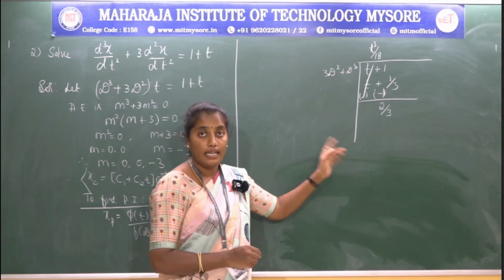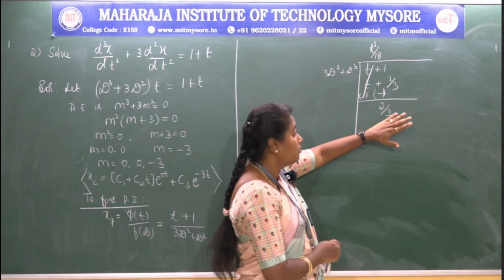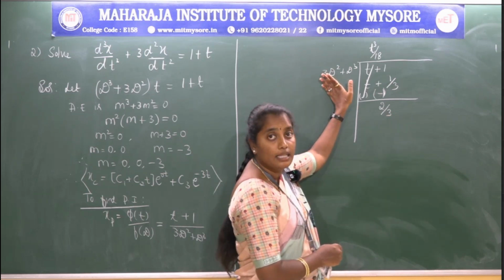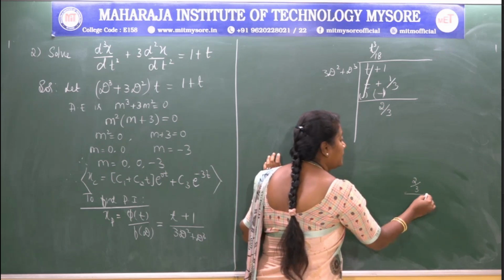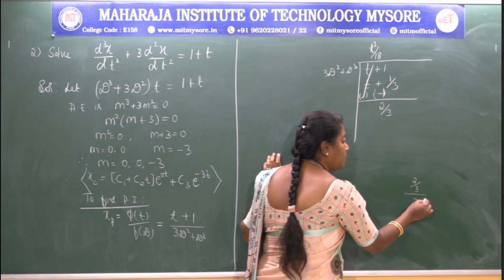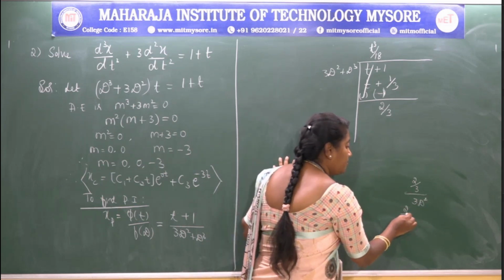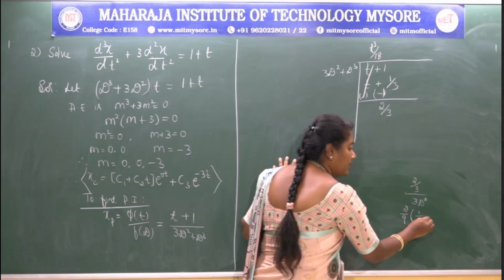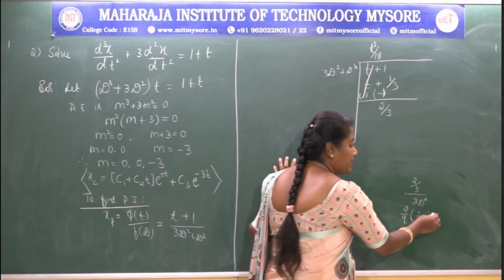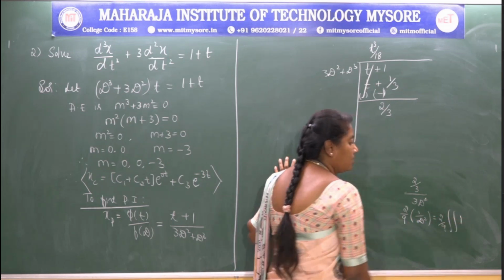Next, to get the next quotient element, we have 2 by 3 here and we have to divide this 2 by 3 by 3D square. That is 2 by 3 divided by 3 times of D square. Simplifying this, 2 divided by 3 into 3 is 9, 1 divided by D square. 1 over D square is nothing but 2 by 9 double integration of 1.